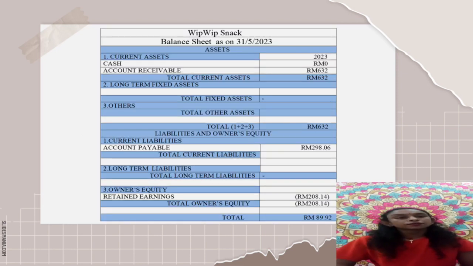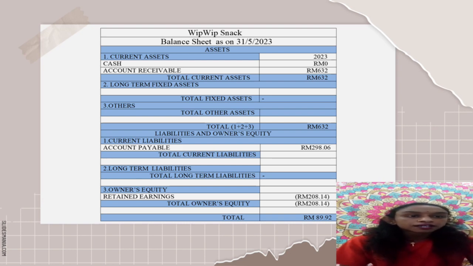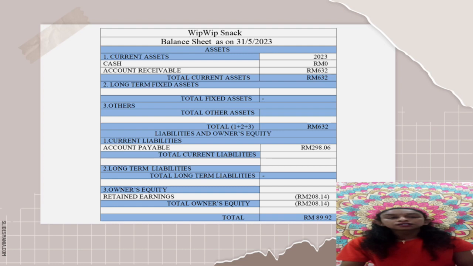Let's look at the balance sheet of VIP Snack. Current assets of 2023: cash will be RM0, account receivable will be RM632. So the total current asset will be 632.